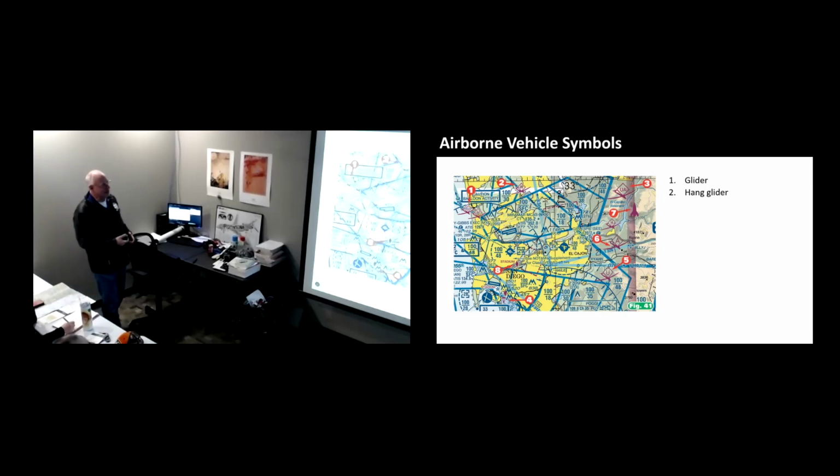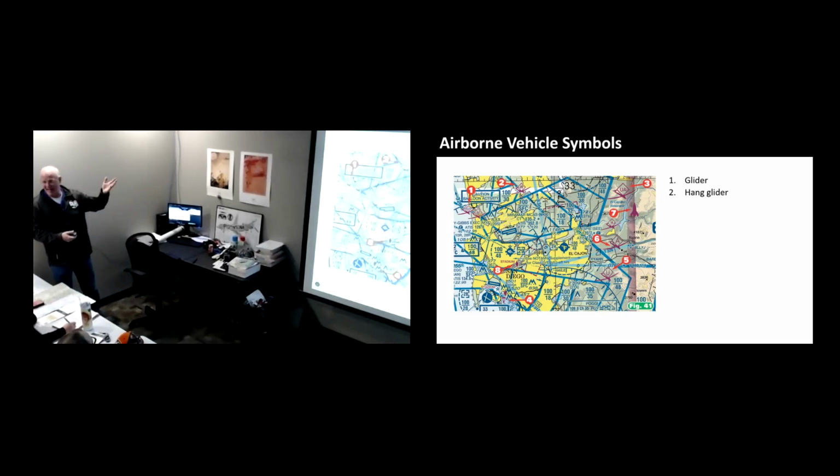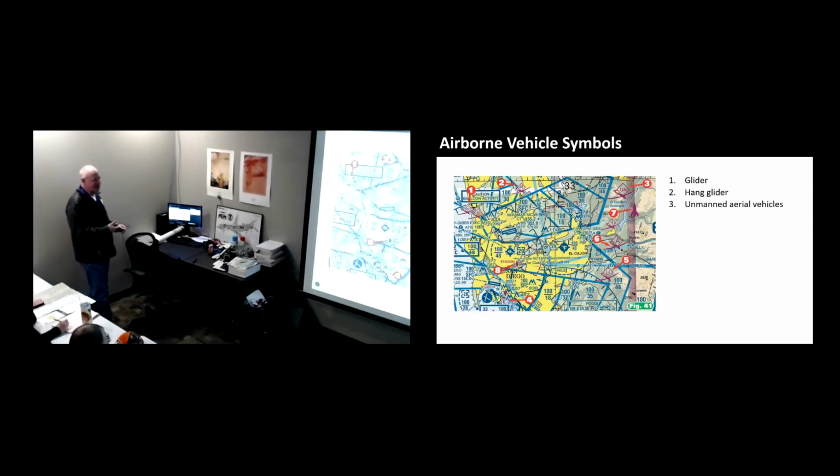Two, hang gliders. Same symbol as the glider, so it's got an H instead of the G. Unmanned aerial vehicles up in the top right. Same symbol, UA. So you may encounter high volumes of UAS activity in that area. Four, parachute. We have a number of places in this general vicinity that have parachute operations. You would see that on the chart.